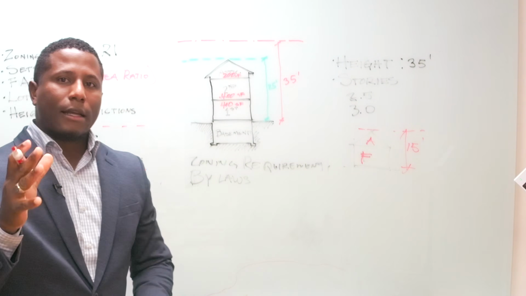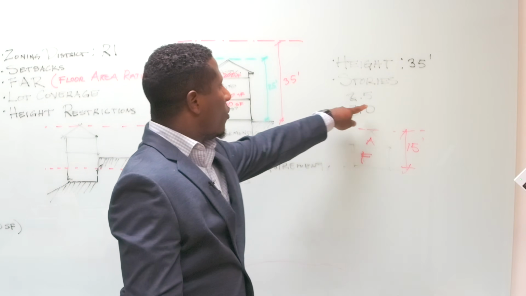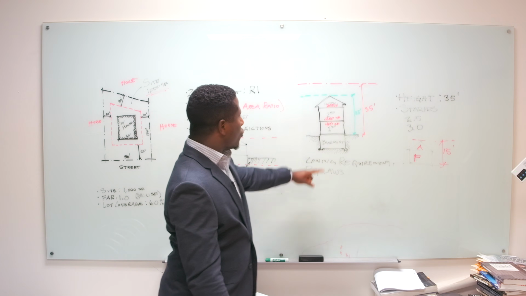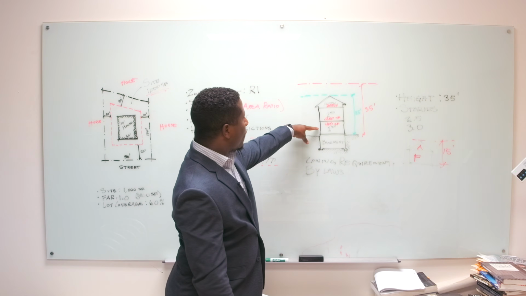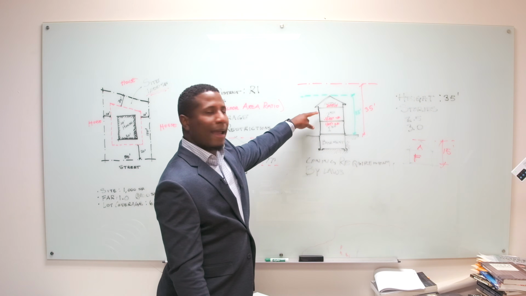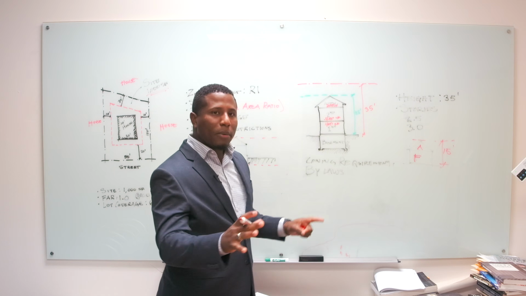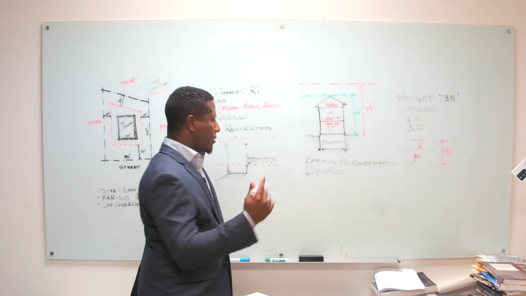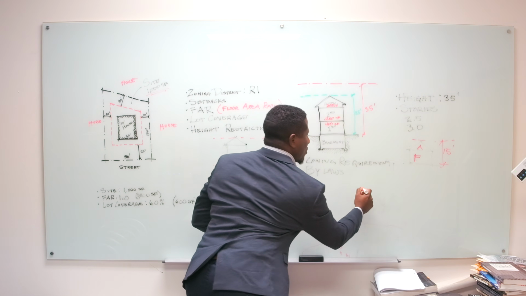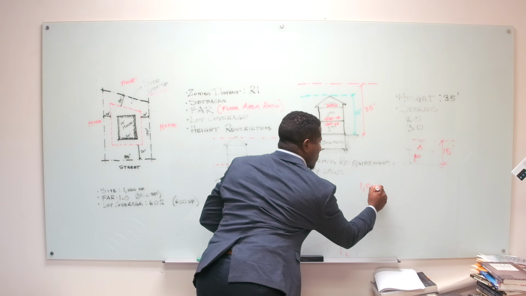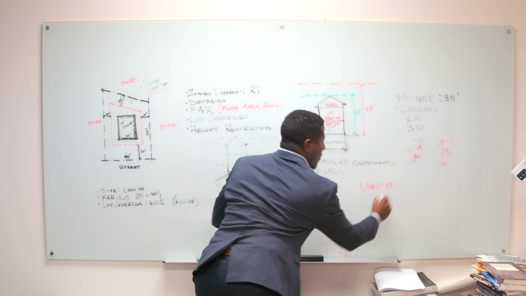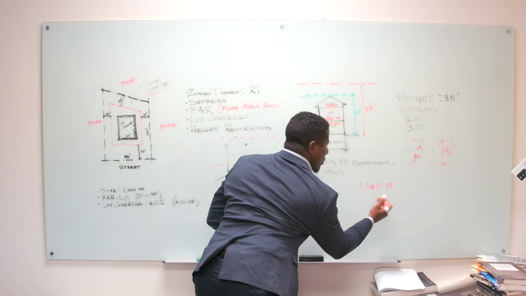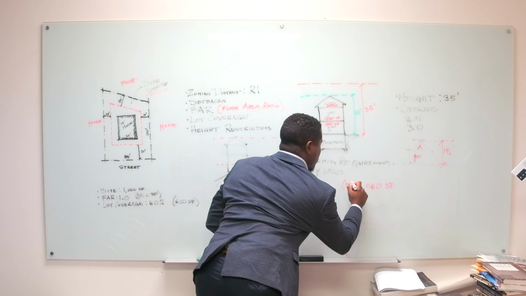But you are located in a district that is 2.5 stories max. What that means is that you can have a first floor, a second floor, and an attic space. And typically the 0.5 means the attic space. Let's say you have 1,000 square feet on the second floor.